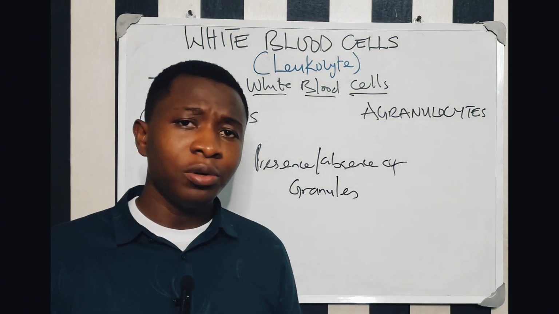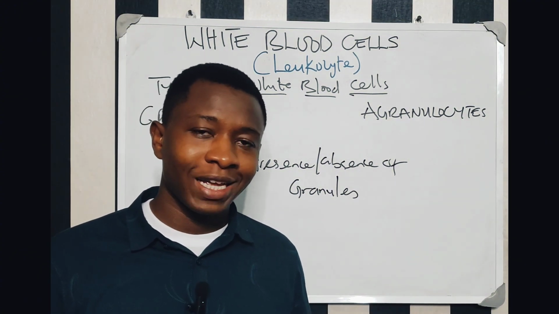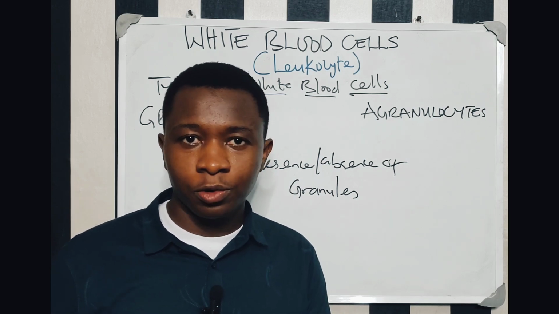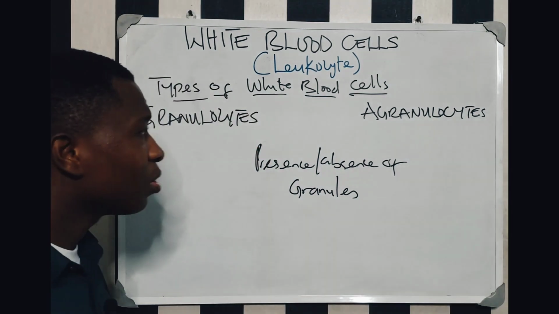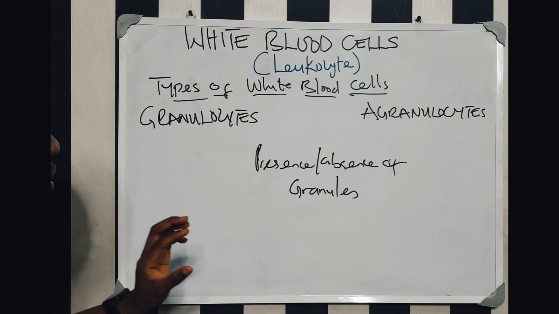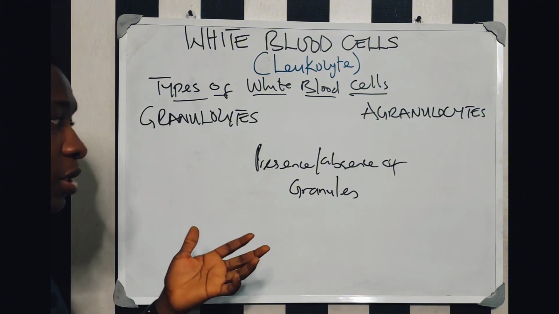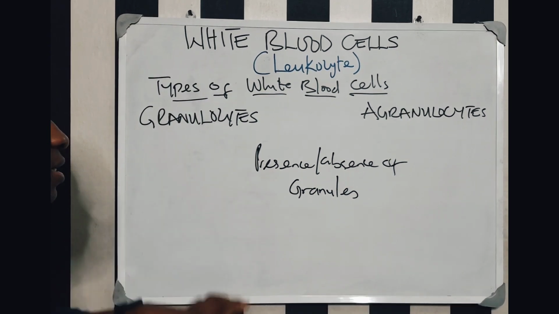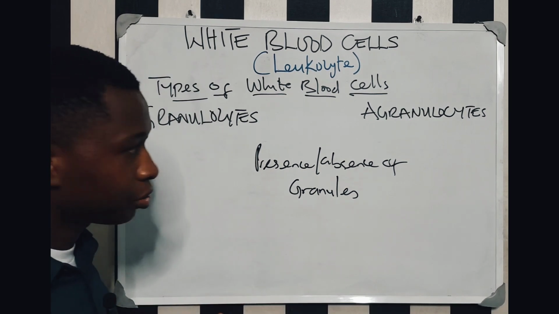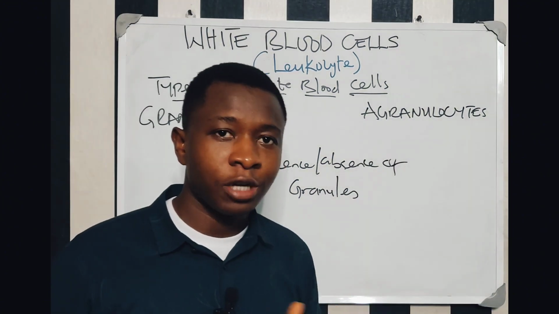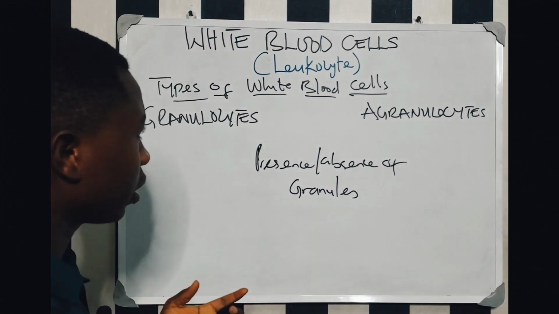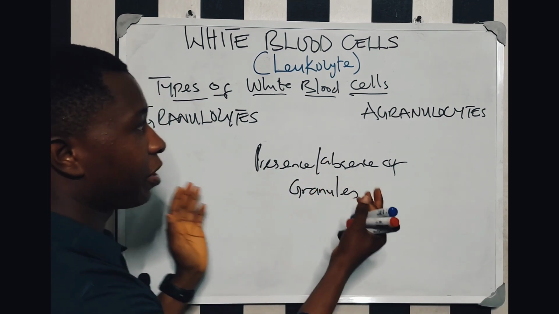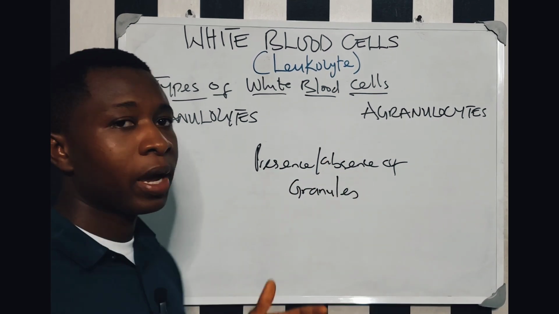Granules are actually vesicles in the cell. They have an important function, which I'm going to talk about later. So like the name implies, the granulocytes are white blood cells that contain granules. The agranulocytes are white blood cells that do not contain granules. So that is the basis by which these categories were made.